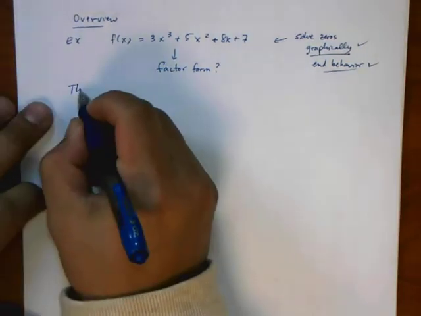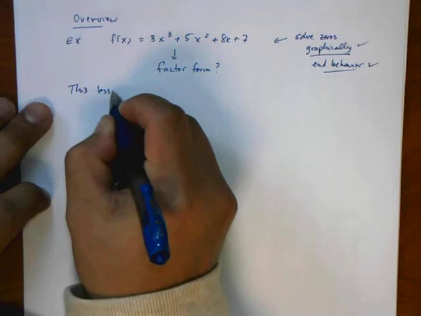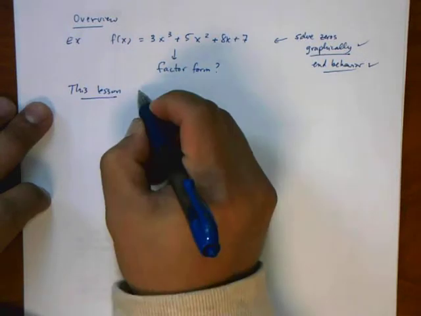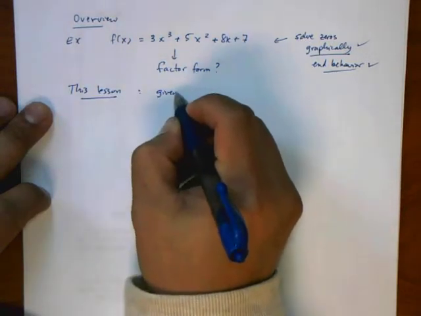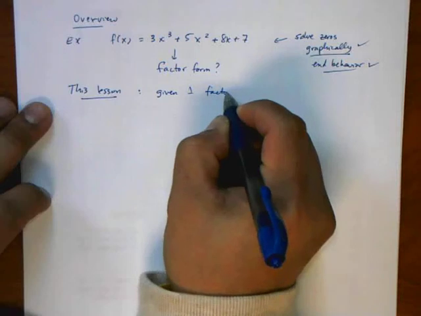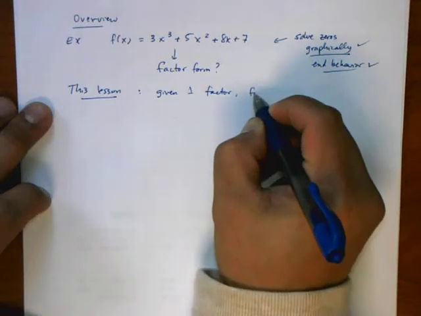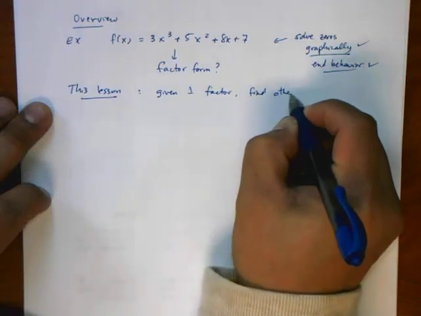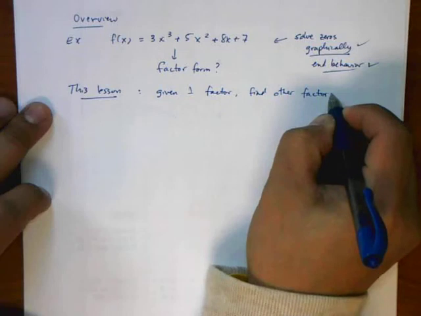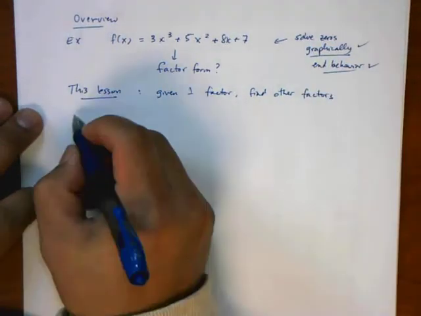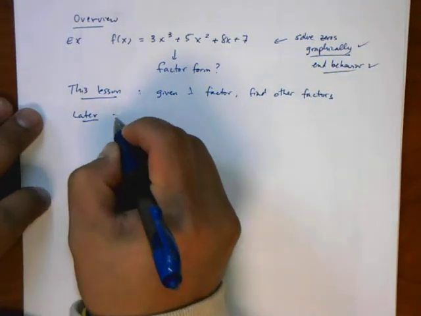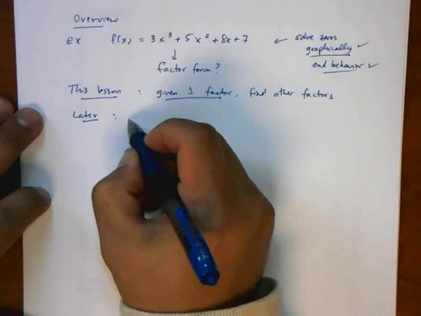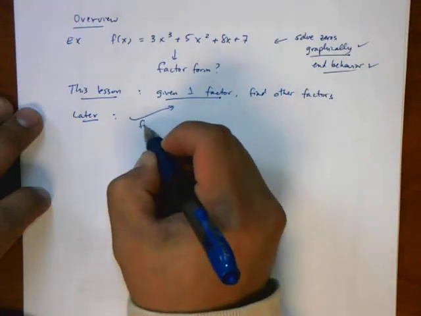So in this lesson, we're going to be given one factor, and then we'll be able to find other factors. And later on, we'll be able to find the given one. So later we'll be able to find this factor too.